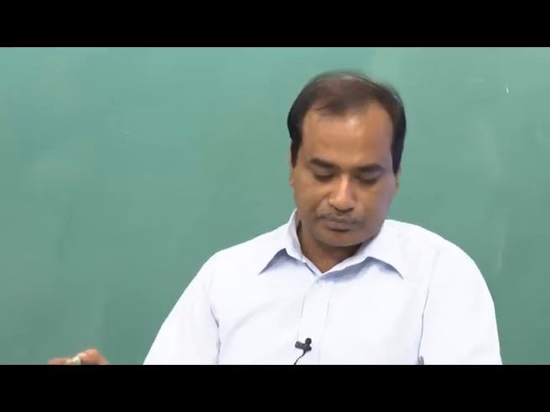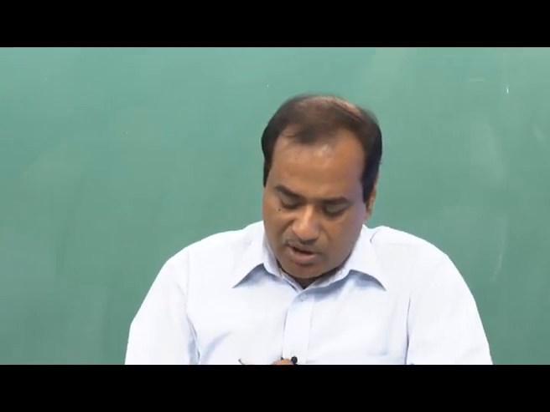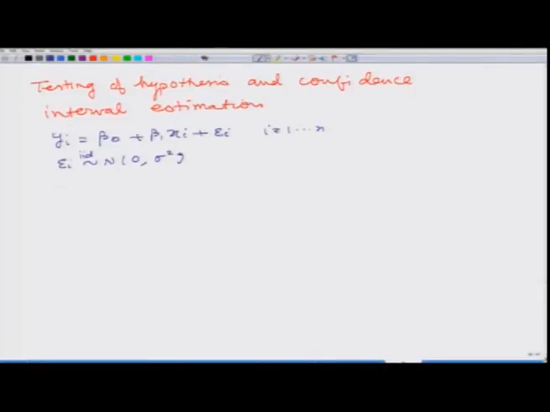Okay. So, now in this model setup, I would say that we have two types of possibilities. One case is that we assume that sigma square is known to us, and another possibility is that we assume that sigma square is unknown to us.